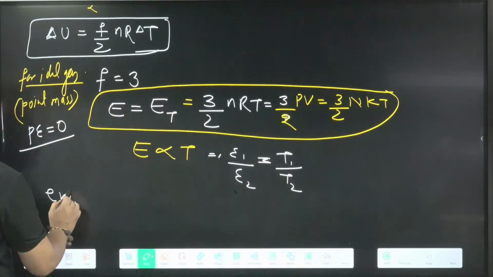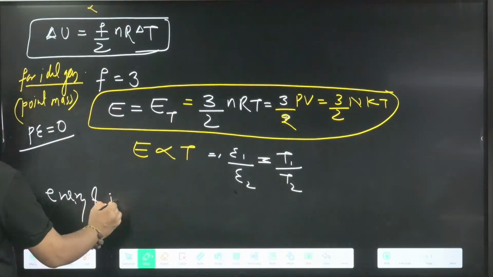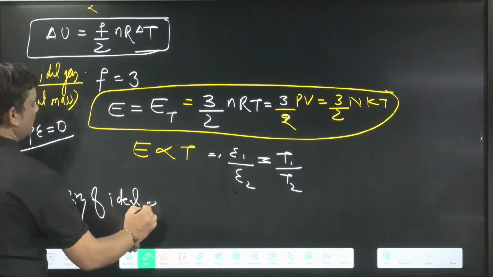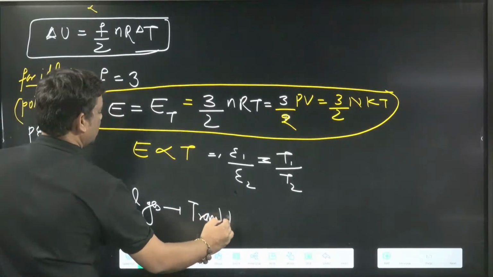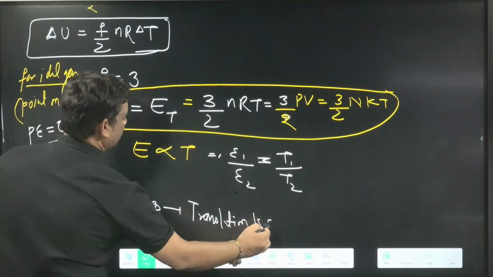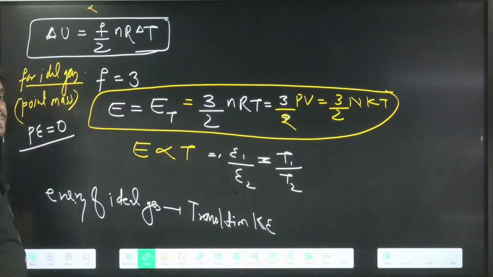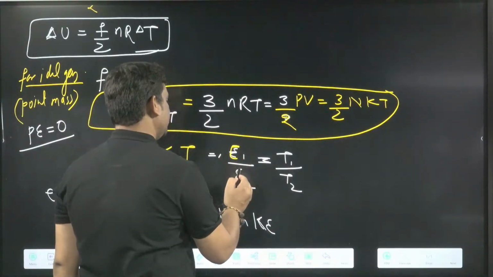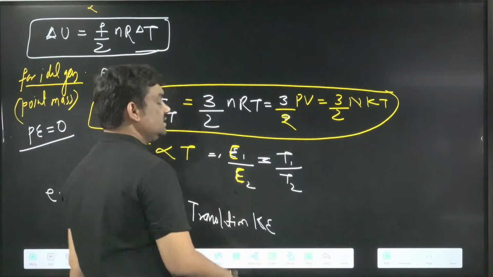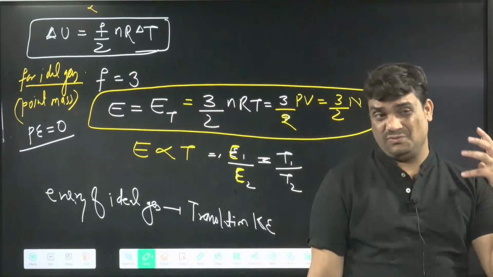The energy of the ideal gas is purely translational kinetic energy. What is the potential energy in the ideal gas? We can say 0, because there is no vibration.